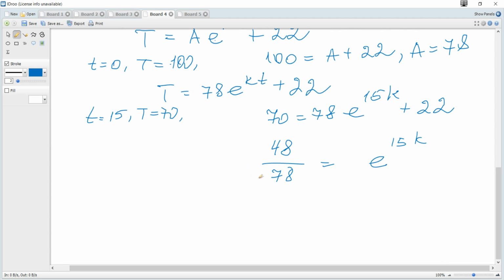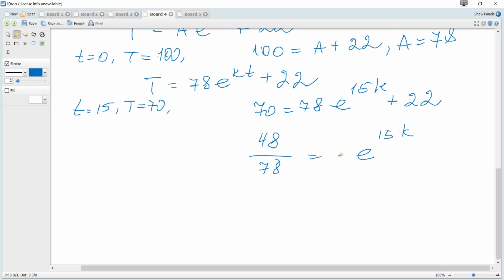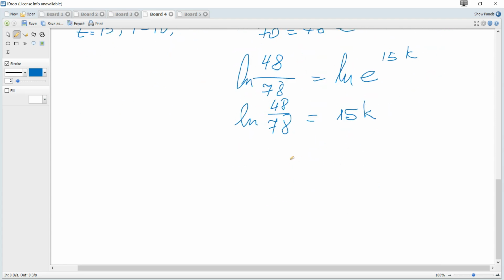We'll use a calculator, and then we take ln, so that it becomes 15k is ln of 48 over 78, or 24 over 39, and hence k is this ln, which is just a number, divided by 15.